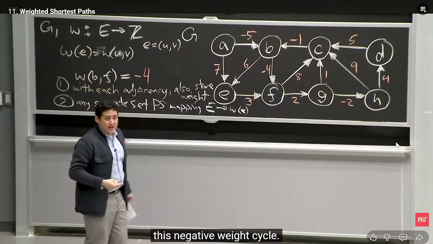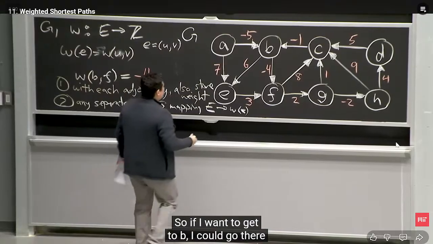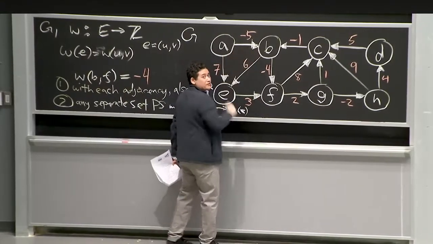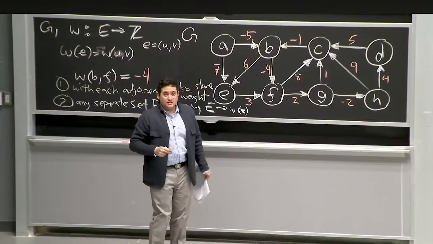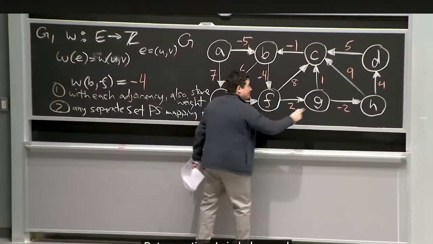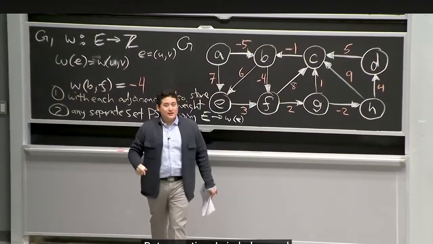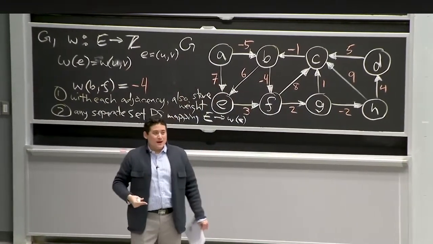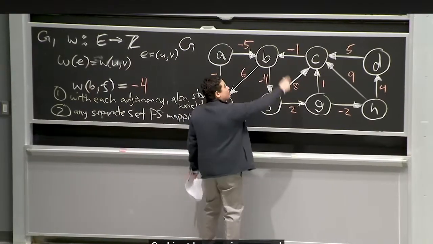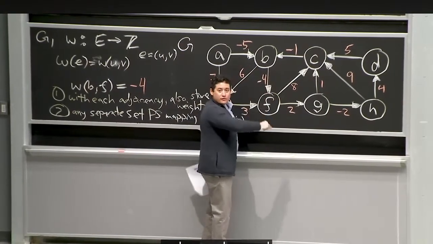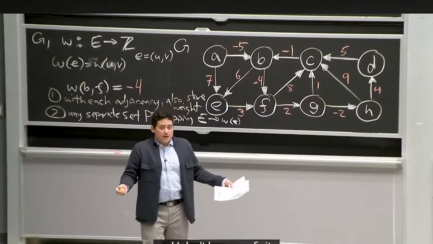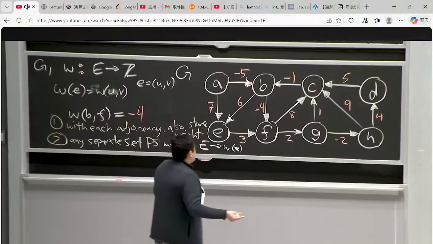This is a negative weight cycle. So if I wanted to get to B, I could go there via this -5 weight edge. But every time I circled around this cycle, I incur -2 to my path weight, right? So I just keep going around this cycle over and over and over again, and I don't have any finite length minimum weight path, right?